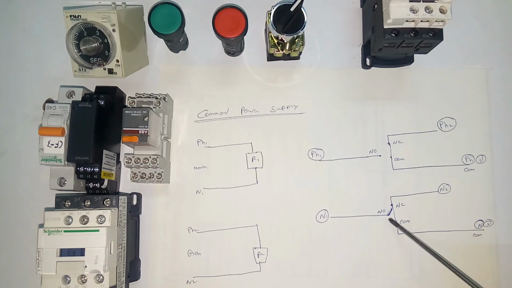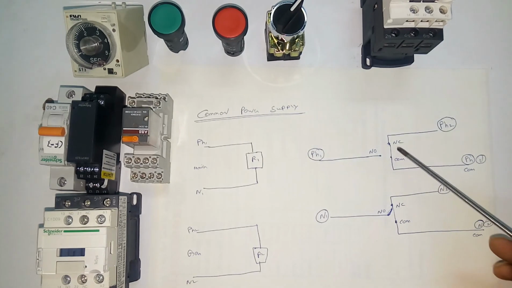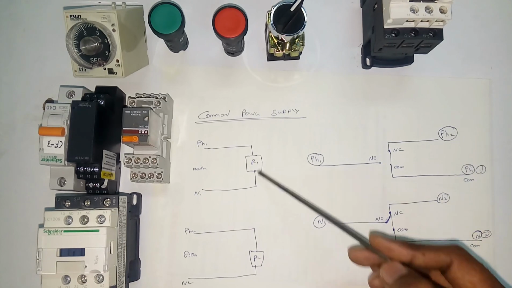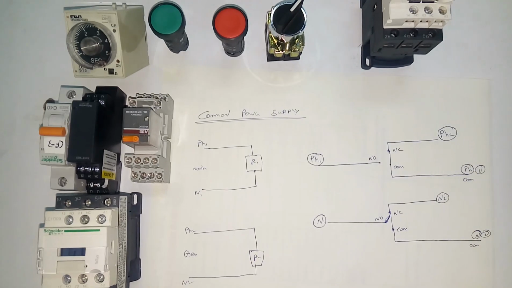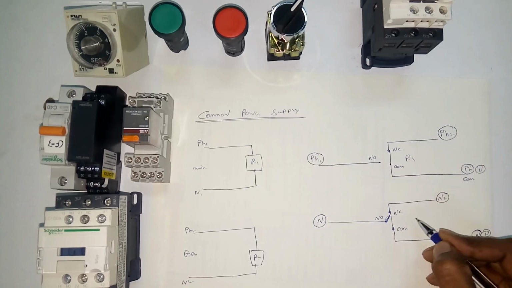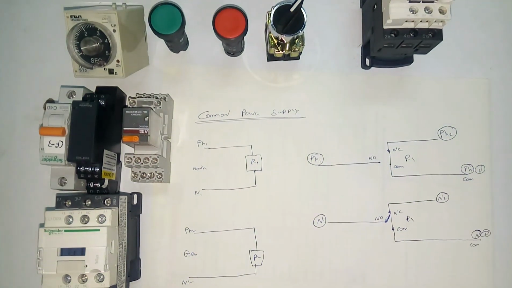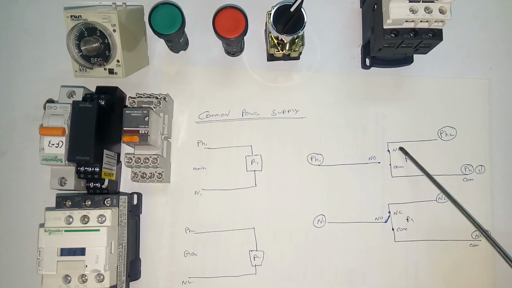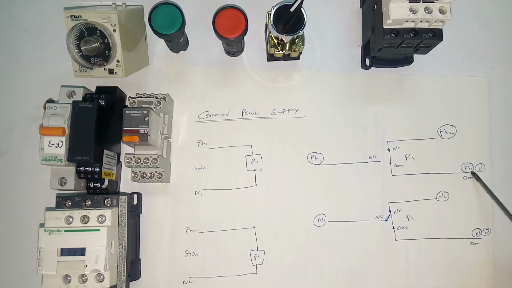Here two relays, R1 and R2, are available. I am operating R1 for the main supply and R2 for the generator supply. Here we use two relay points of the relays, for phase 1 and phase 2, to make the common power supply, and the neutrals N1 and N2 are made into a common neutral also.